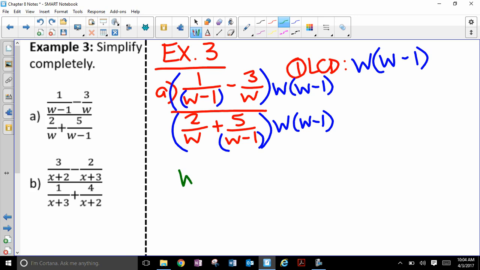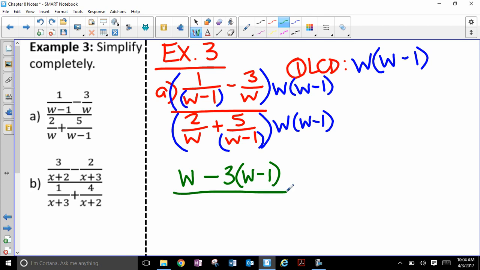Okay, so I'll just write that w there. Minus, then when I multiply 3 over w by this, the w's on the outside cancel, and then you're left with the 3 parentheses w minus 1. So we're left with 3 parentheses w minus 1.